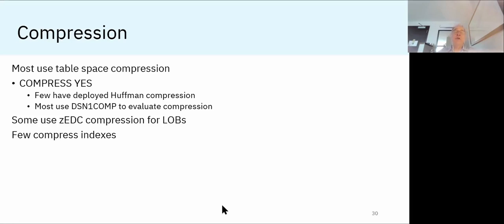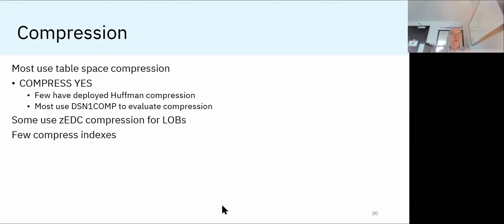And finally, we look at compression. Most of the customers we work with do use table space compression. So this is where you set compress yes for the table space. We ask a lot. Relatively few have deployed Huffman compression, which was introduced in version 12, function 504, and enhanced in 508.